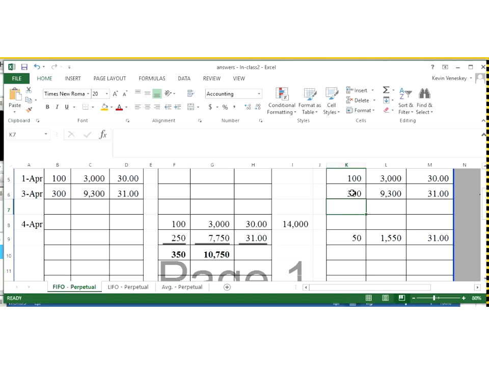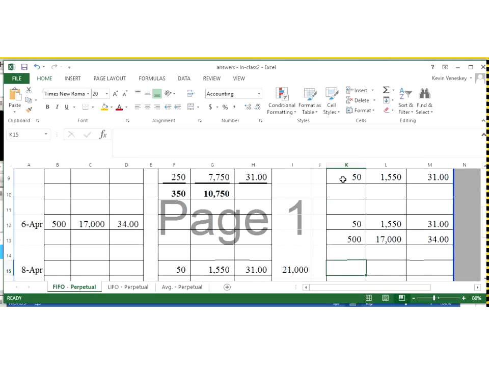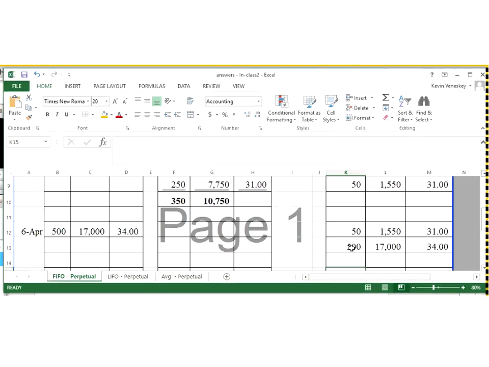If I would have put the 50 right here, then it looks like I still have all of this stuff plus 50 more, which is not the case. So here I'm skipping a line, and then to keep everything in nice, neat horizontal order, I'm just bringing the 50 straight down by showing, okay, I still have that 50, and now I'm including the newest purchase of 500 items for $34.